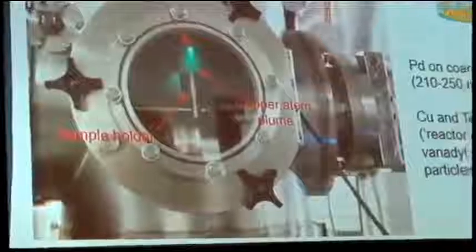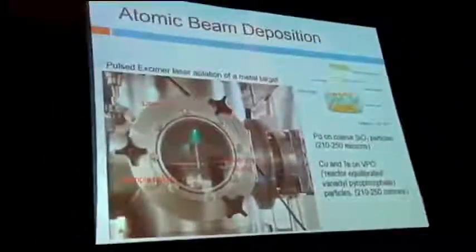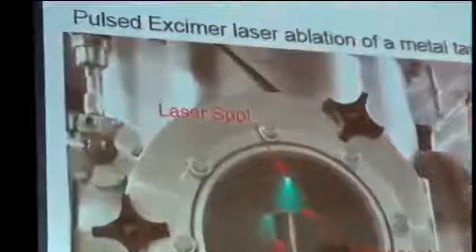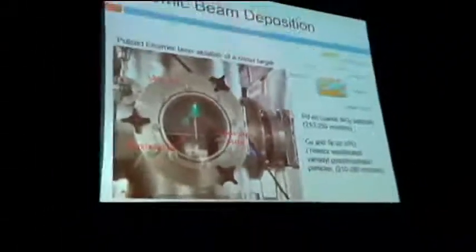So he and Rebecca developed a pulsed excimer laser ablation methodology to add in a very controlled manner certain amounts. In this case, we looked at palladium on silica first as a prototype, and then next took a commercial VPO catalyst and added submonolayer of copper and submonolayer of tellurium.